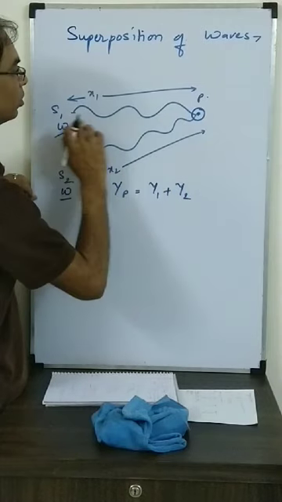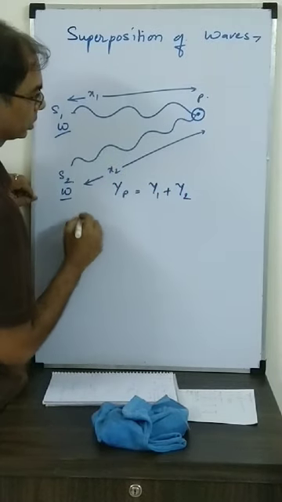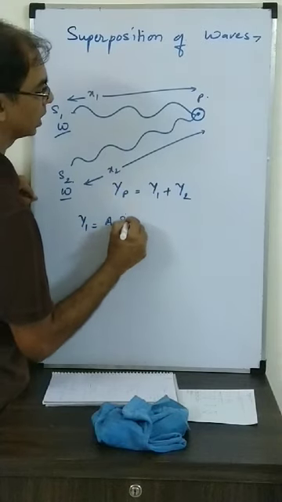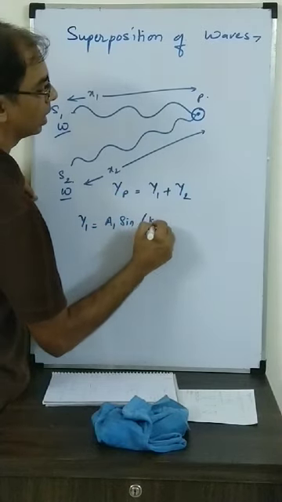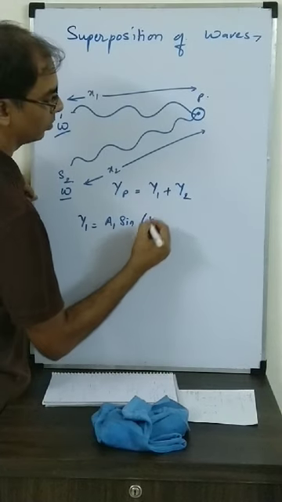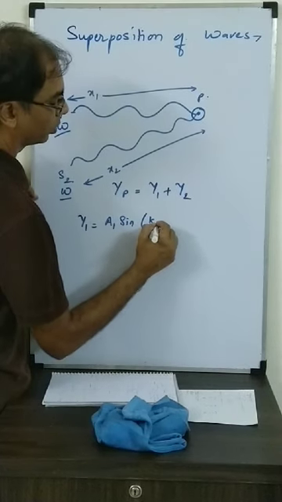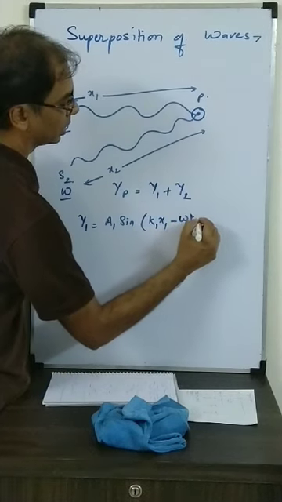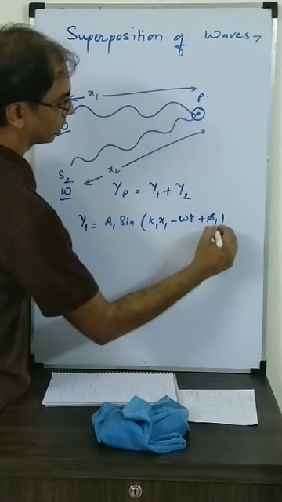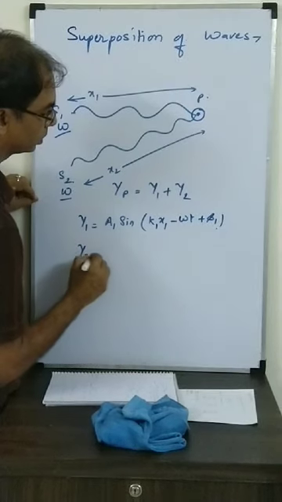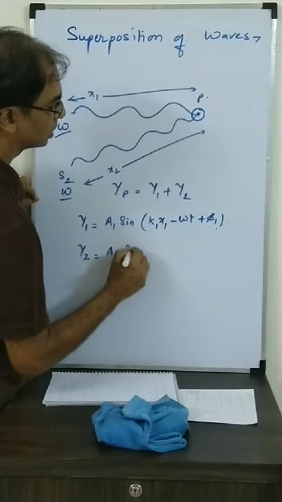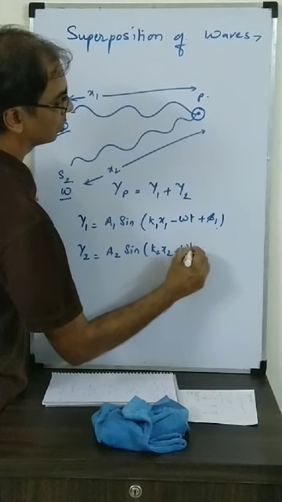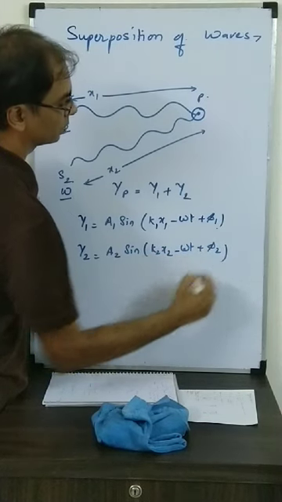Y1 is the simple harmonic motion because of the first source, which we can write as A1 sine K1 x1 minus omega t plus phi 1. Y2 we can take as A2 sine K2 x2 minus omega t plus phi 2.